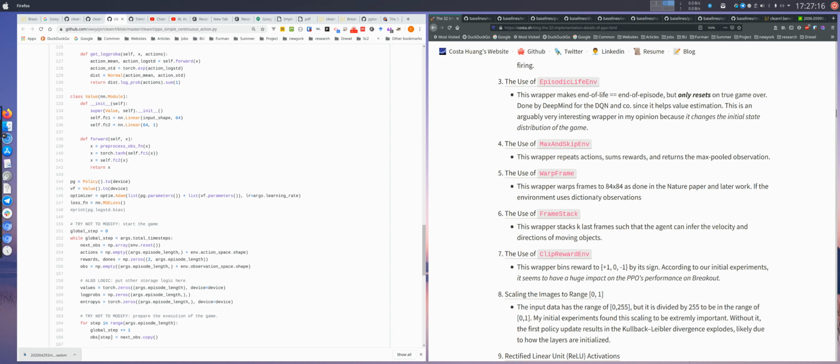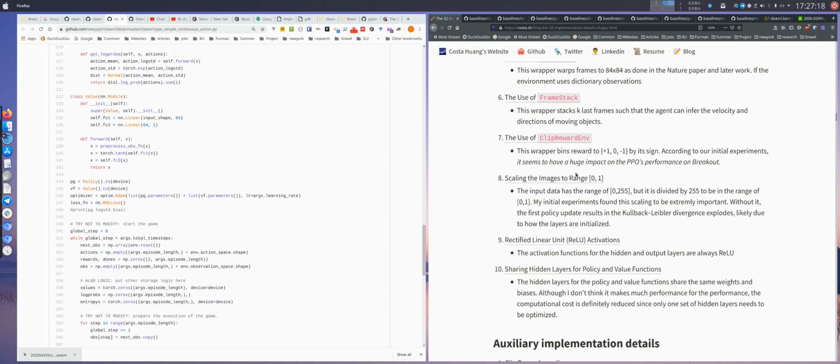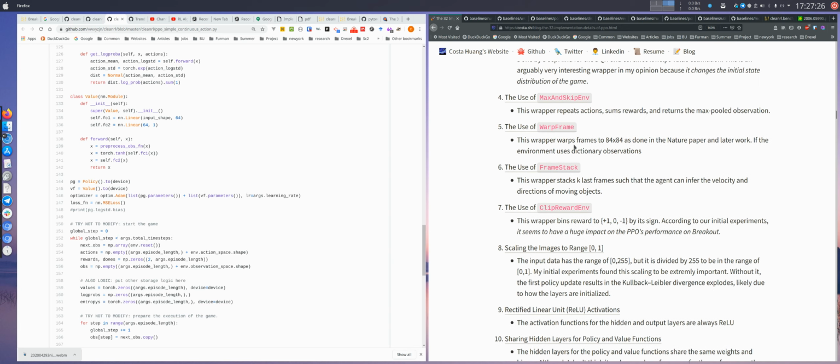And there's also the clip reward env that clips the reward to -1, 1, or 0. In the case of Breakout, for example, it's possible that for each of the 4 frames in the frame stack, you can get rewards of up to +4. What clip reward env does is clip that so that your reward is always +1 or -1.